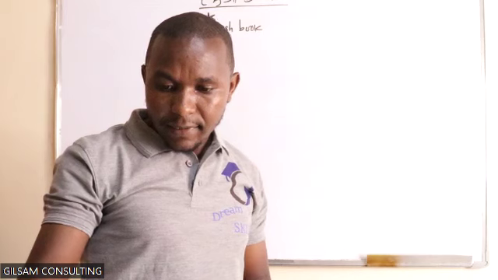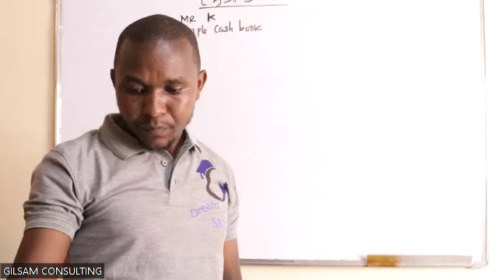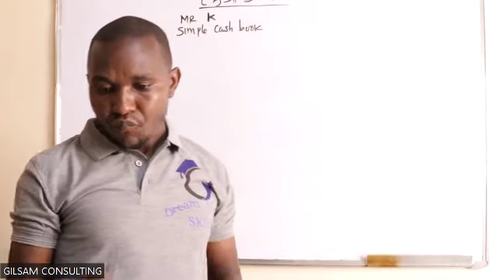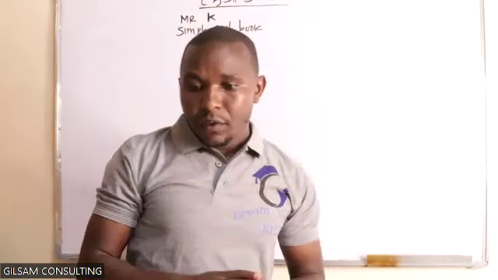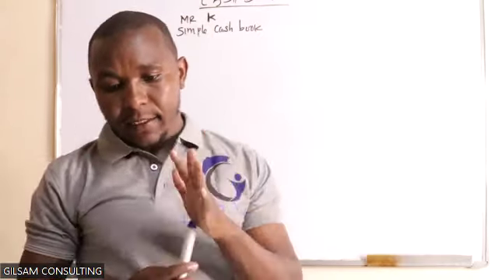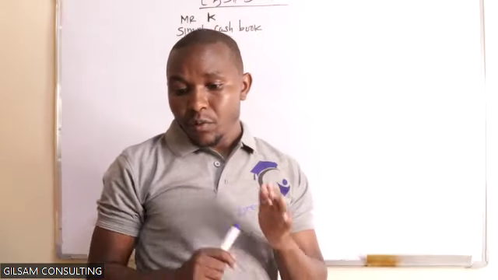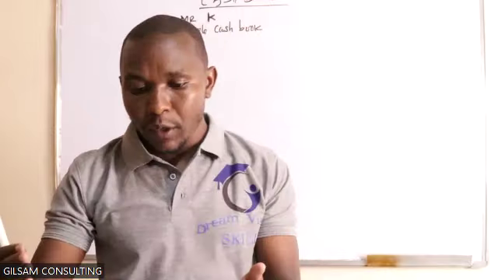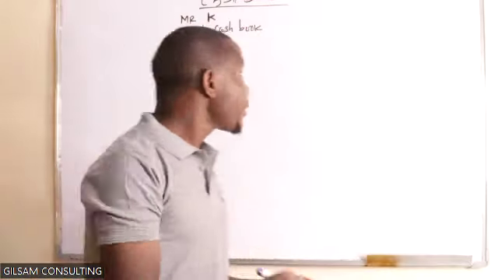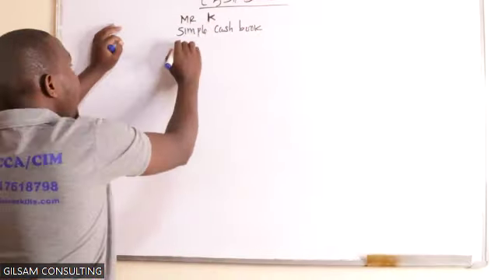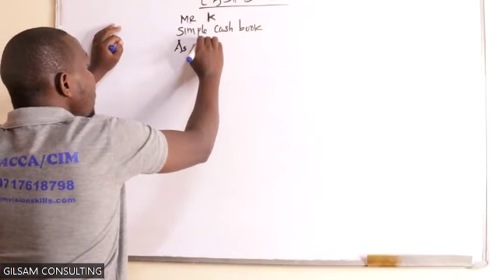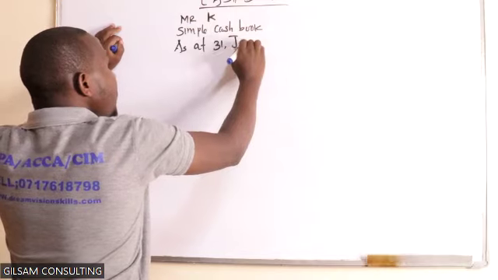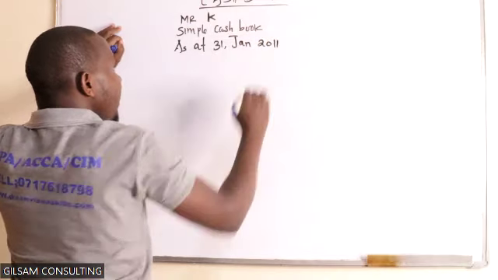And then to say whether it is for assets or for the period: for assets we use asset, for incomes we say for the month or for the period. So this one will be asset, 31st January 2011.